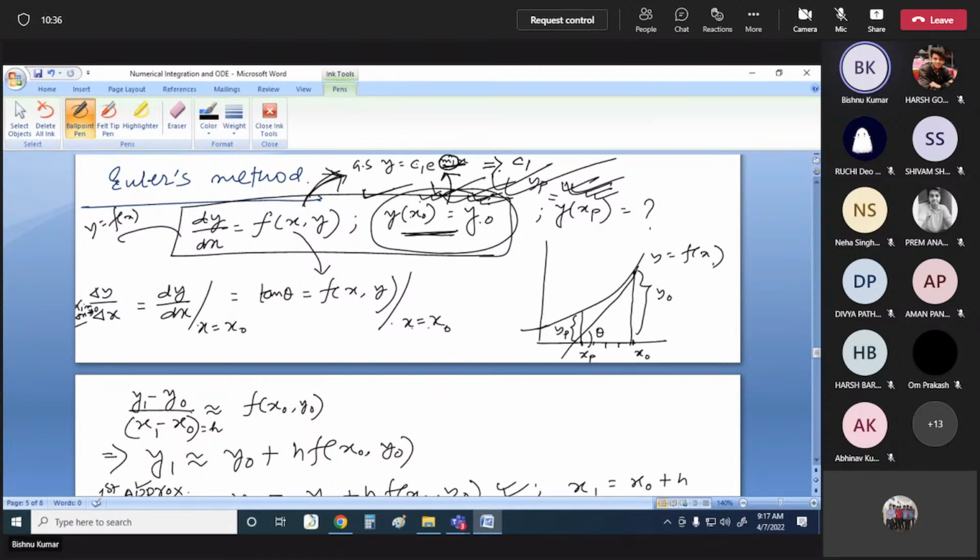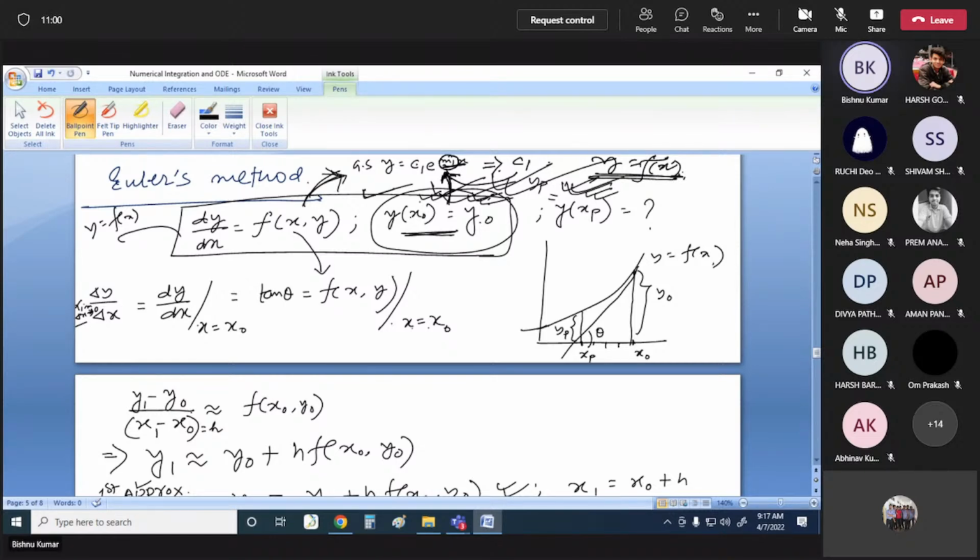C1 is the arbitrary constant. After putting the initial value given in the condition, you will get the arbitrary constant as a particular value. If you put that back in the general solution, you will get a particular y equals f(x) curve. That solution is known as the particular solution.